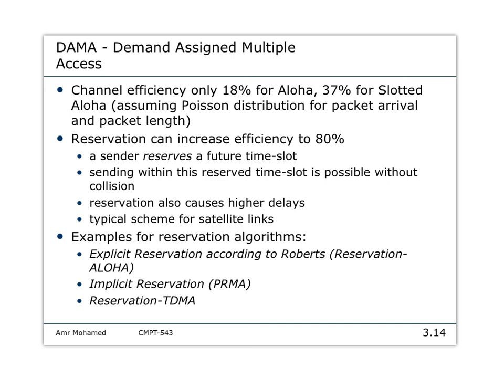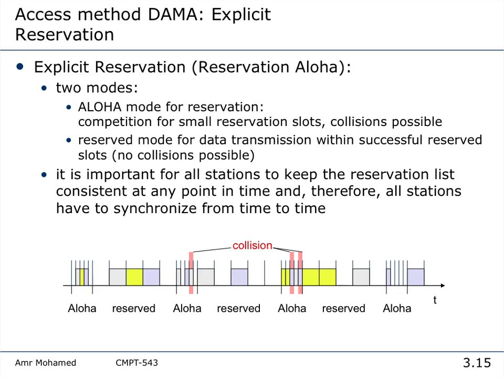Okay, the first DAMA scheme that combines the use of reservation with the collision-based techniques is what we call explicit reservation, which in some cases they call reservation Aloha. Why do they call it reservation Aloha? Because the reservation phase uses the Aloha scheme. The reservation phase itself.